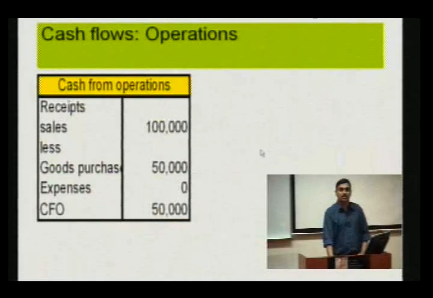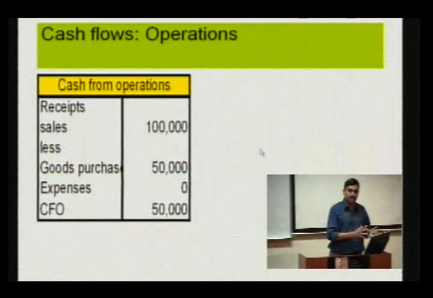Now, let us see cash from operation. Your main operation is buying goods and selling. So, therefore, all the cash flows from that will be treated as CFO. In this example it is 100,000 sales minus goods purchase, though there are expenses, but you have not paid for it. So, therefore, CFO is 50,000.